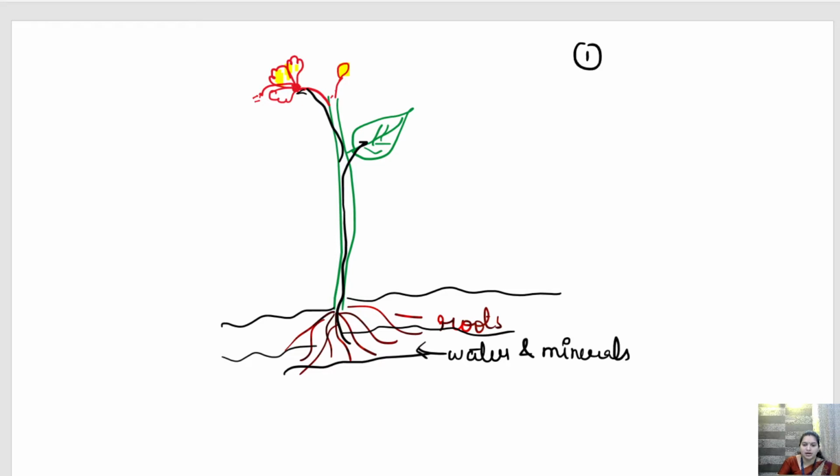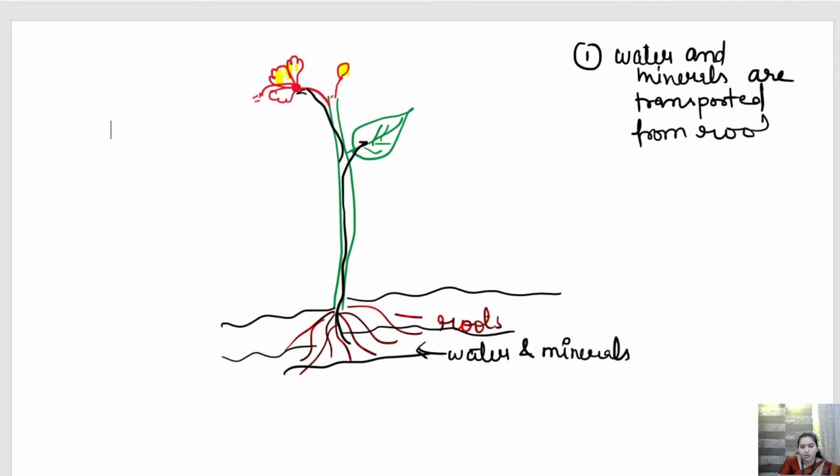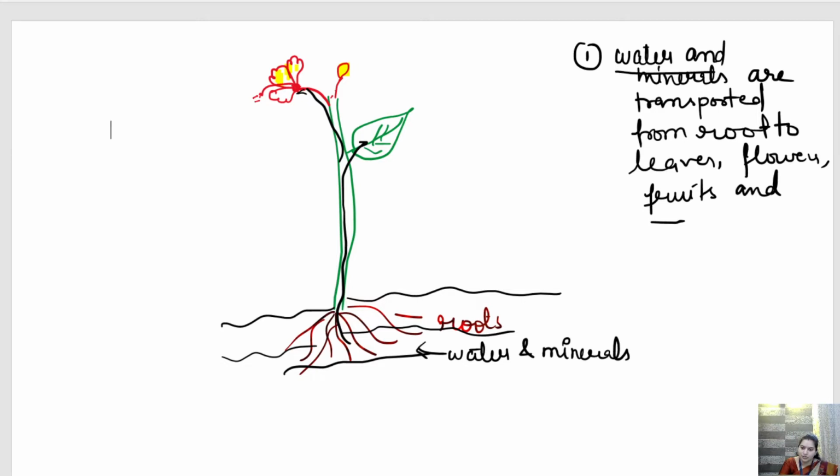So first answer, what we will write? That from the root, water and minerals are transported to leaves, flowers, fruits and other parts of the body. So this is the first point.